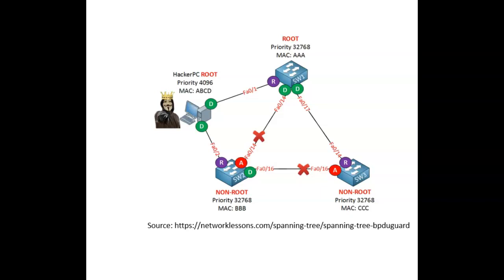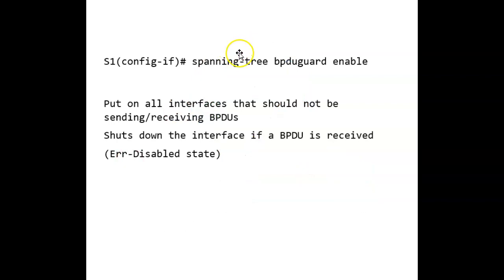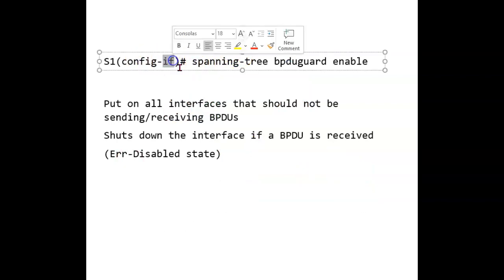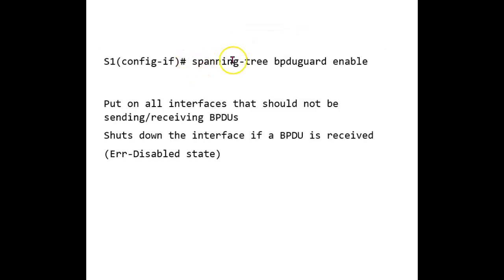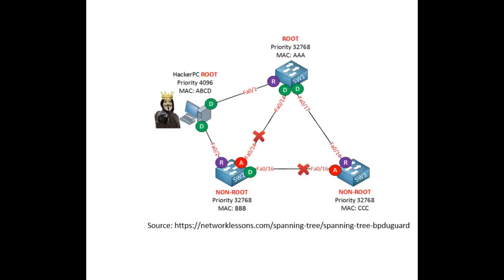So in comes BPDU guard. This is the command. You're going to be on an interface, and the idea is to put it on every interface that should not participate in STP. And the command is spanning-tree bpduguard enable. Again, let's go back to our diagram for a moment.